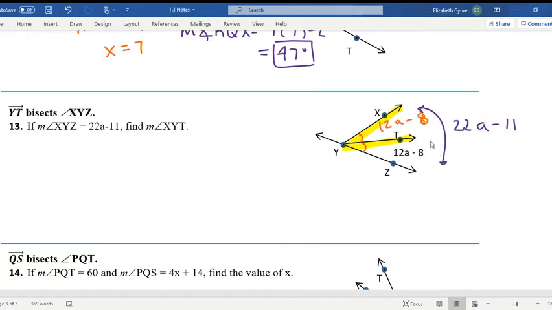Okay, so I'm just going to write an equation now that I have both labels for both angles. And this, yes, my parts are congruent, but I can't set 12a minus 8 equal to 12a minus 8. It'll all cancel. So I cannot do part equals part here, but I do know what the whole thing is. So I can do part plus part equals whole.